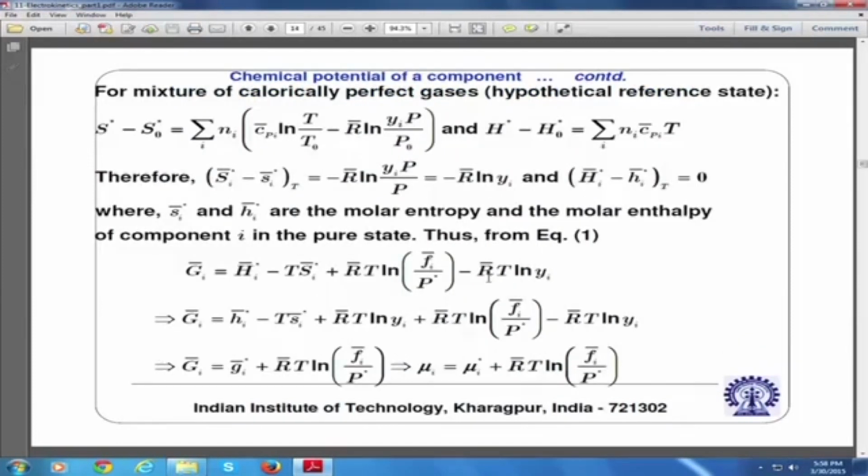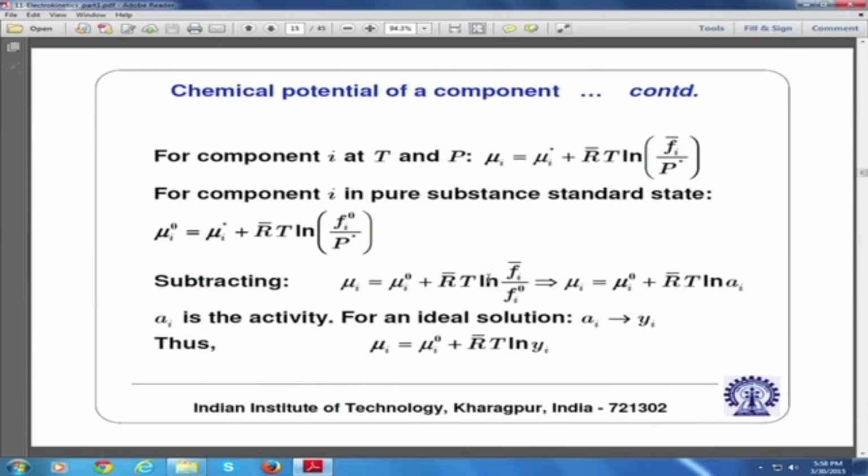So we can see that eventually we got mu I equal to mu I star plus RT ln Fi by P star, and for component I in pure substance standard state mu I 0 is equal to mu I star plus RT ln Fi 0 by P star.